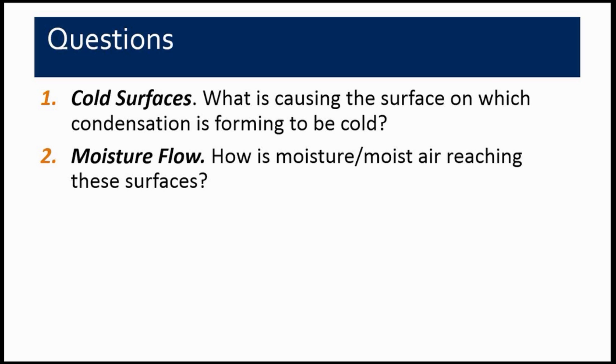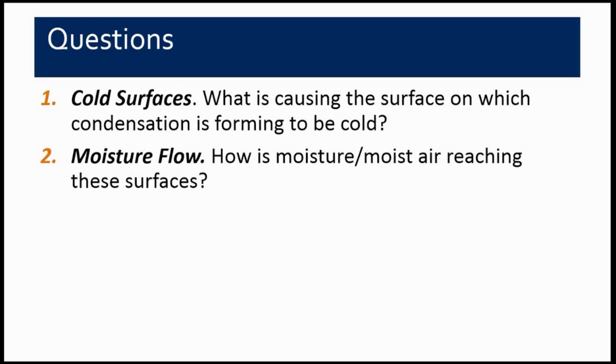So when you're looking at any condensation problem, you pretty much have two questions we're going to ask. Regarding cold surfaces, what's causing the surface to be cold? And regarding moisture flow, how is the moisture reaching the air, the driving force that's providing the moisture for that condensation problem? So any condensation problem we're looking at, we're going to try to identify those two things.